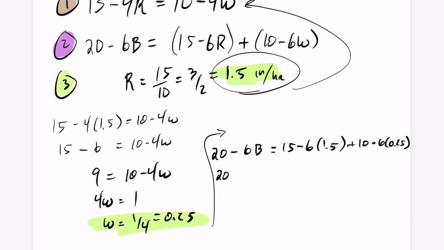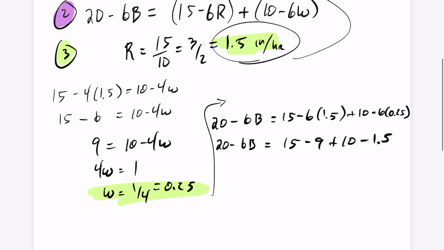So I end up getting 20 minus 6B is 15 minus, this is going to be 9. 150% of 6 is going to be 9, plus 10. And then this will end up being equal to minus 1.5. 25% of 6 is going to give us 1.5.